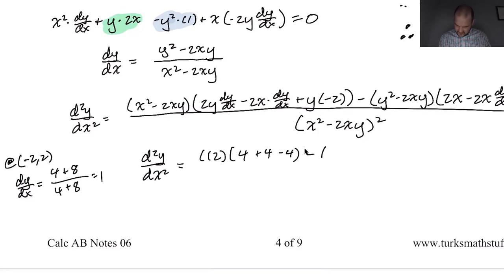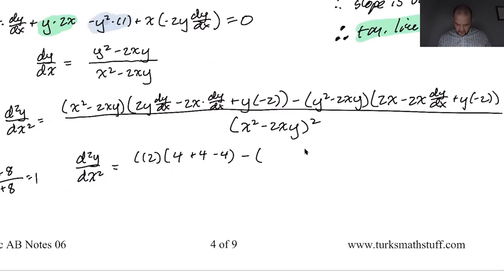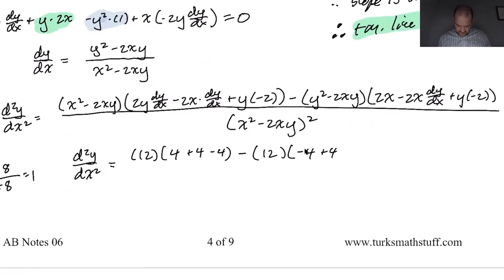So y squared minus 2, so this was 12. And then 2 times x is negative 4, plus 4. It's good, that's 0. And then minus 4 again. Holy cow. All over this thing, which was 12 and then squared.